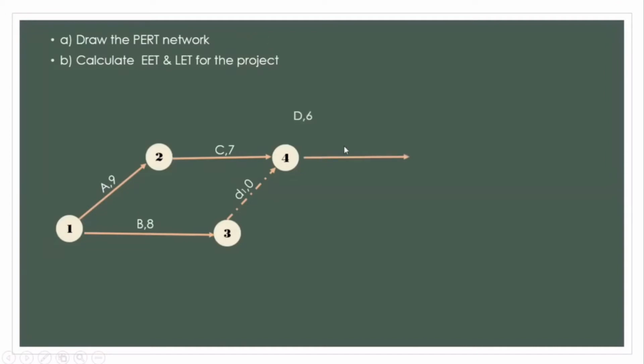Out comes D, which is 6. Next, E is coming out from B, so we put E here. E is 10, and proceed with event 5, which is F coming out from E. F is 12.